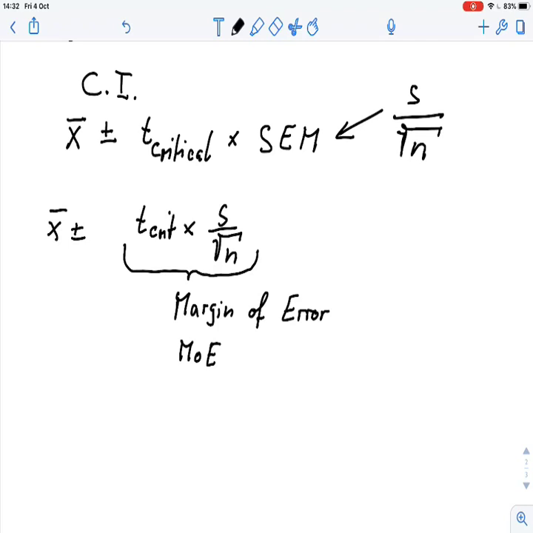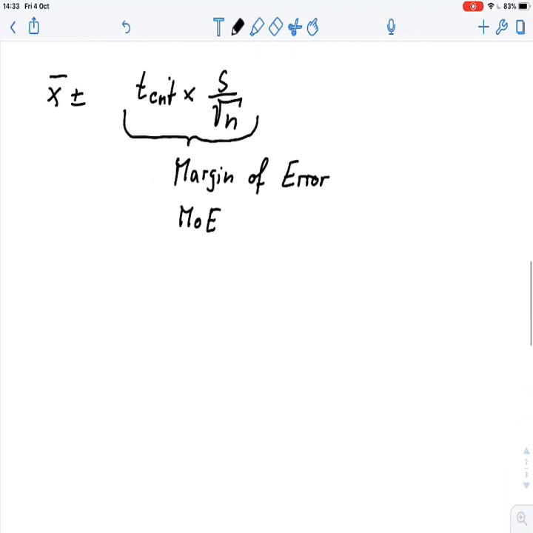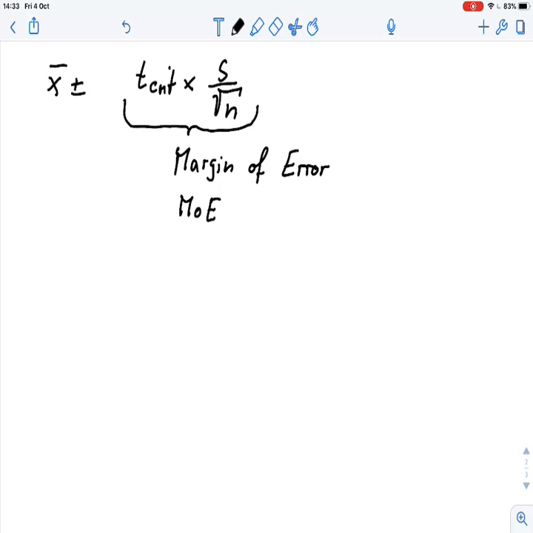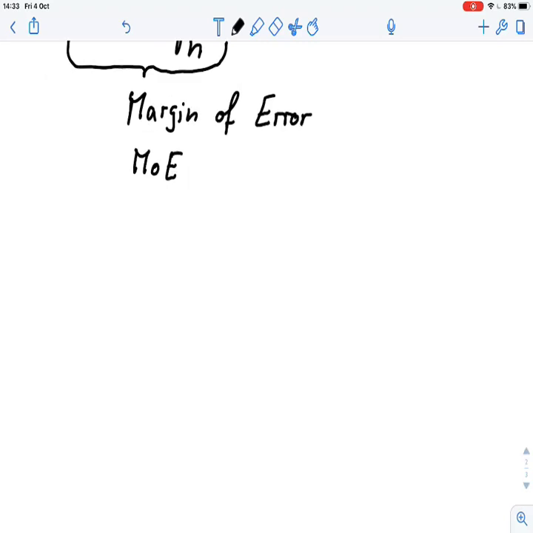That's the Ministry of Defense. Somebody did that last year in an exam. I didn't buy it. So MOE simply is a critical T value times the standard error of the mean. And what you get now is the confidence interval.